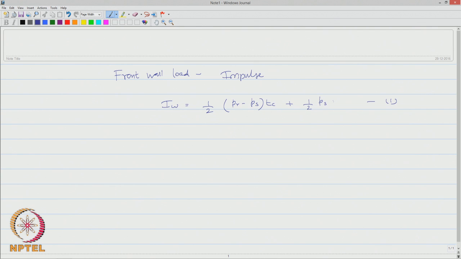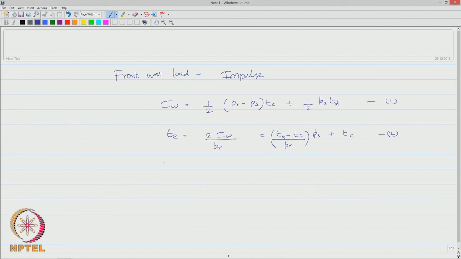I call this equation 1, where TE is given by 2 IW by PR, which is also equal to (TD minus TC) by PR of PS plus TC.